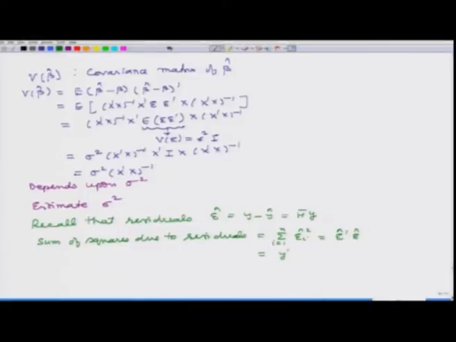So, I can write down here y transpose h bar transpose h bar y, and since h bar is an idempotent matrix, I can write down here y transpose h bar y, right. There are some other forms also of sum of square due to residual.